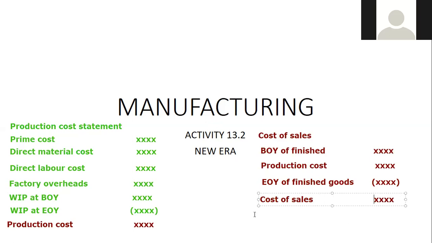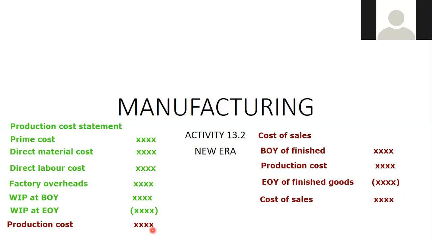Sometimes they don't give you, check this out. Sometimes they do not give you this value here. They don't give you this value here. They don't give you that value over there. And without this value, you cannot get production cost. Do you understand that part? Which value?